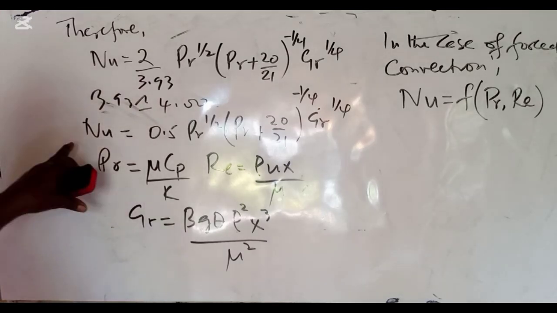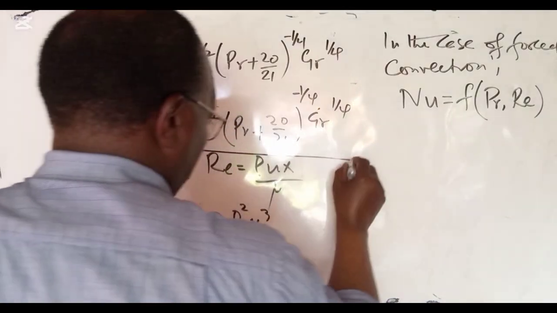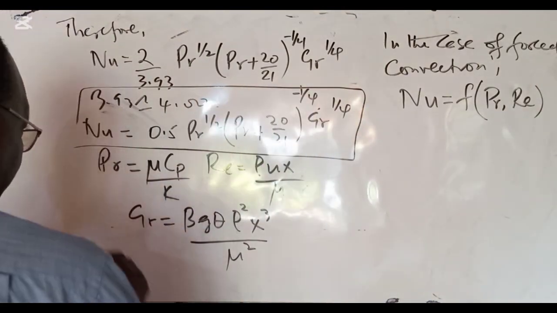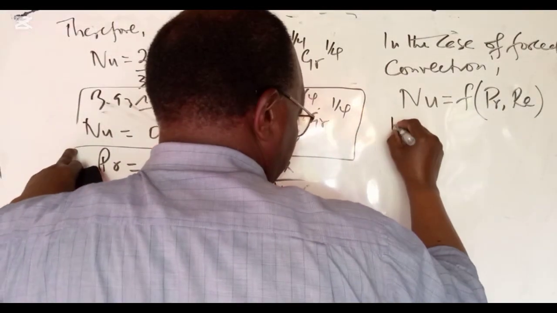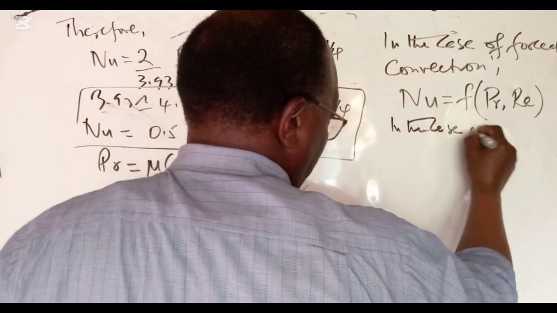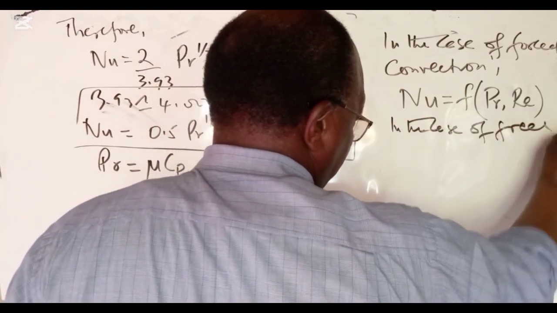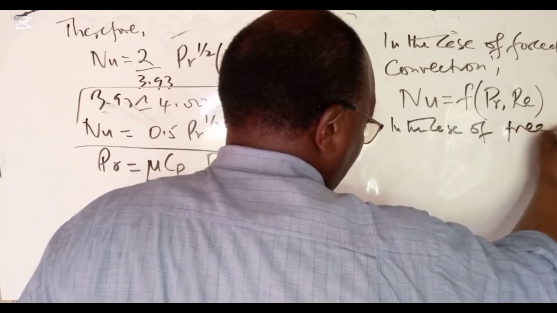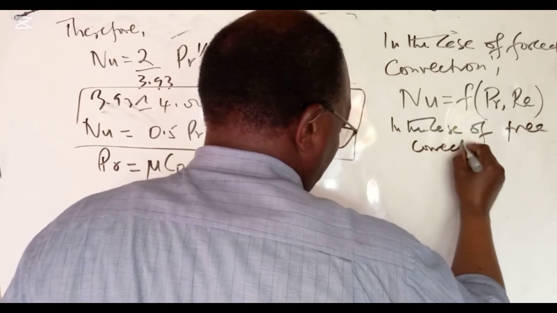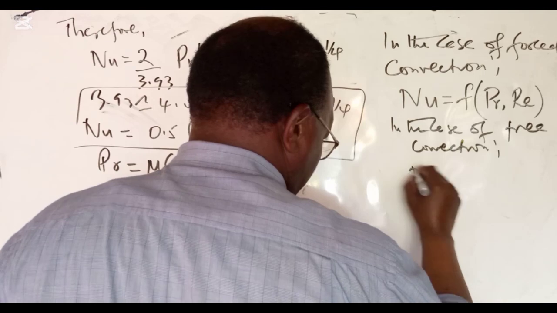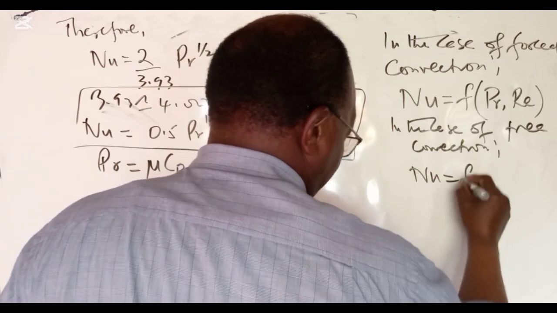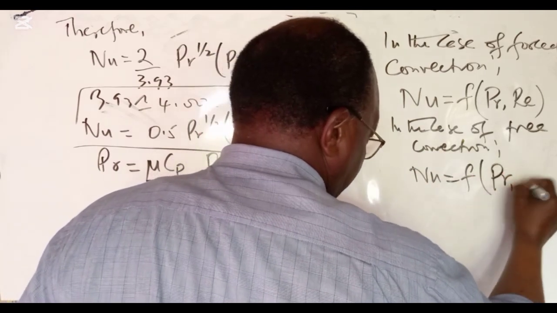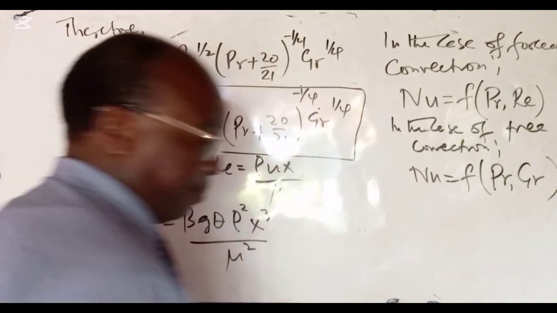But now you see that in this particular case of free convection, we now have the Nusselt number as a function of the Prandtl number and the Grashof number.